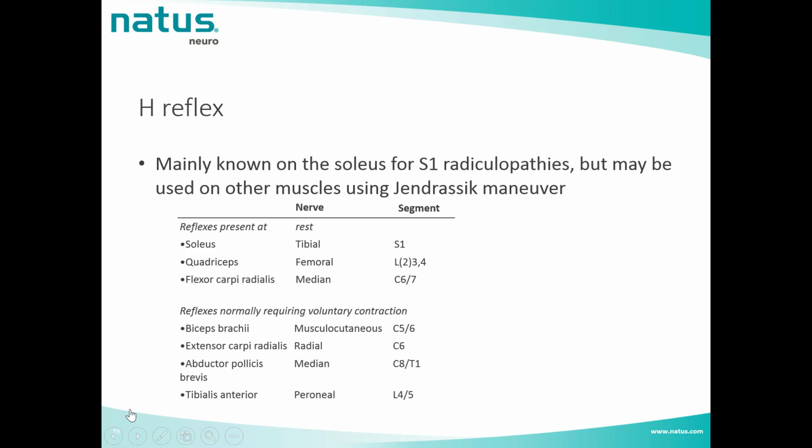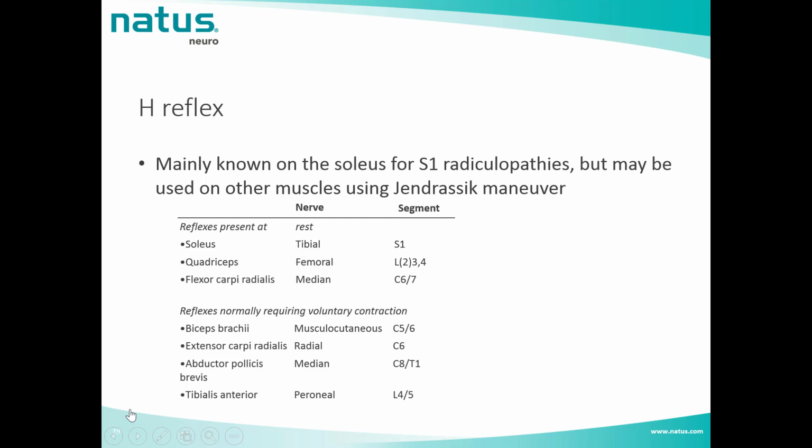Other muscles can also be recorded, but will be extremely difficult to get if the patient is at rest. And by using the Jendrassik maneuver, we may be able to record H responses for a different range of nerves, for example the radial nerve, the median nerve, the peroneal nerve, for supplementary segments of the spinal cord.